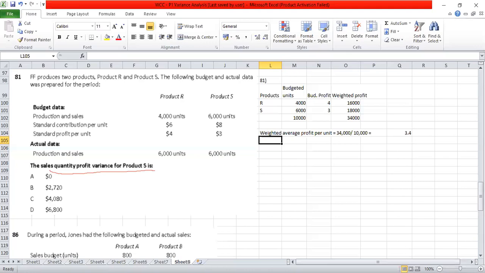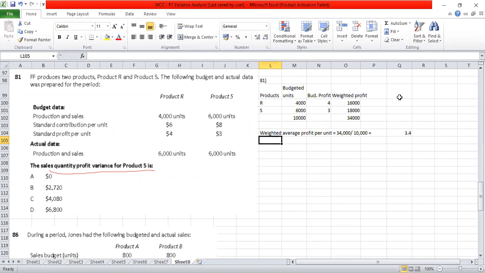Then for this one, the actual is 2,000 more. So 6,000. 6,800. For S, it will be 0.